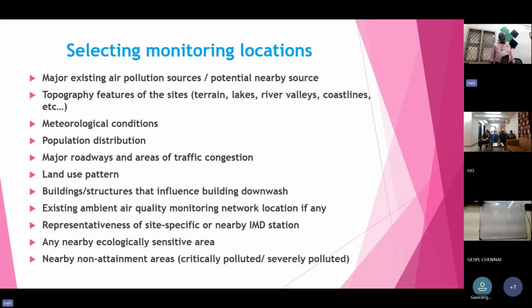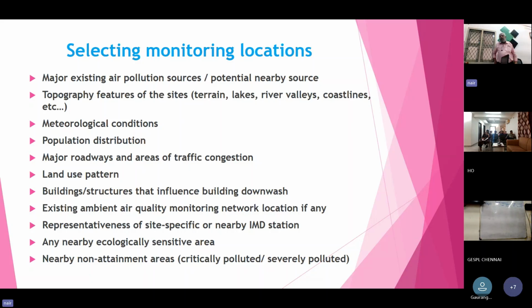So why should I take that one? I am interested in other areas only. Where daycare schools are there, children's schools, LP schools, hospitals, old age homes are there, those are the things I am interested in. So consider major roadways and areas of traffic congestion. Don't take that area, need not take it.